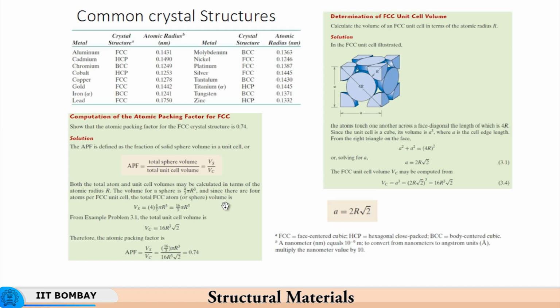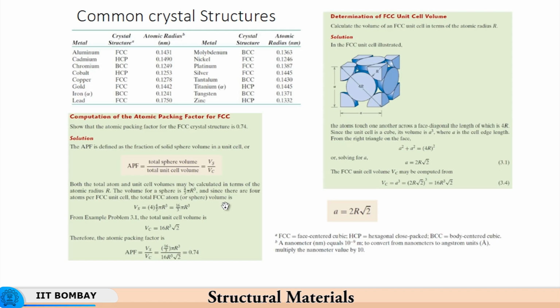Now, you have examples of a few metals which have different structures, given here. Aluminum has an FCC structure, cadmium has HCP, chromium is body centered cubic. Cadmium, cobalt and titanium are all materials with hexagonal close packed structures, whereas many of the ductile materials, silver, nickel, aluminum, gold and copper, are all face centered cubic materials.